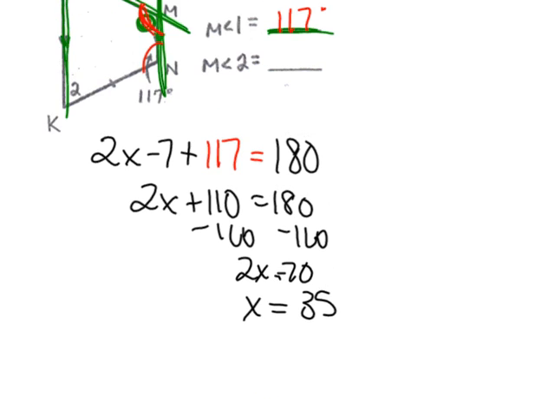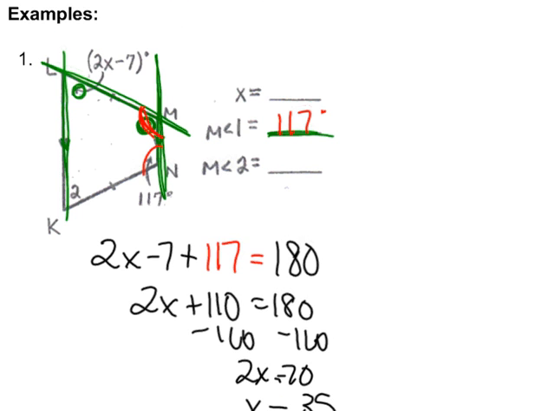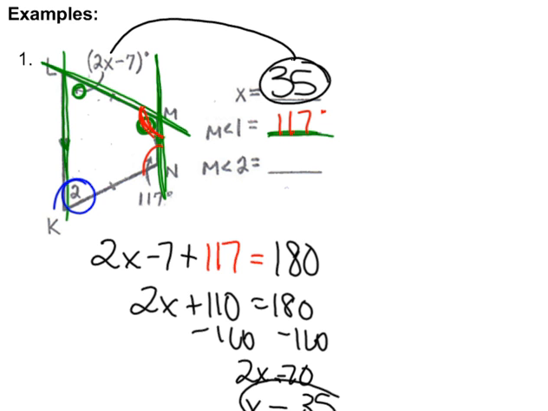Okay. Well, let's see what goes on here. Okay, so x, we said, is 35. Well, can you tell me what the measure of angle 2 is? The measure of angle 2 is right here. So what I'm going to do is take this x and plug it back in here, and set that equal to the measure of angle 2.